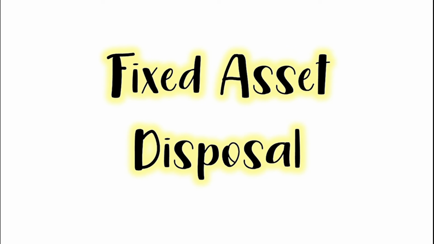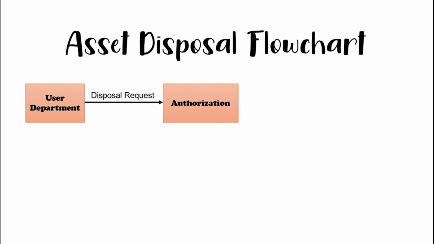Lastly is the fixed asset disposal. When an asset has reached the end of its useful life, or when management decides to dispose of it, the asset must be removed from the fixed asset subsidiary ledger. It begins when the responsible manager issues a request to dispose of the asset.